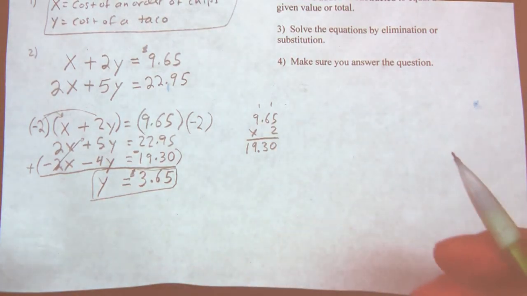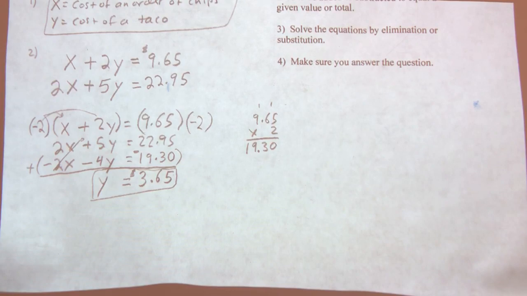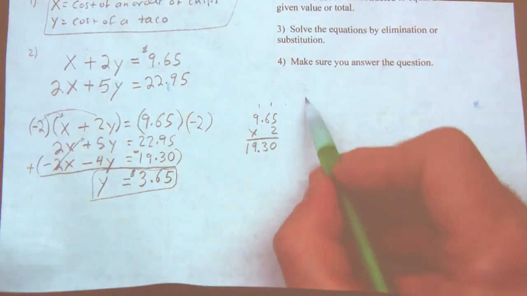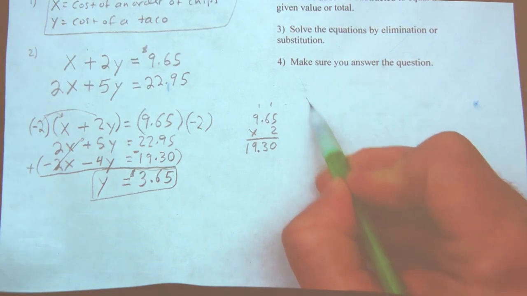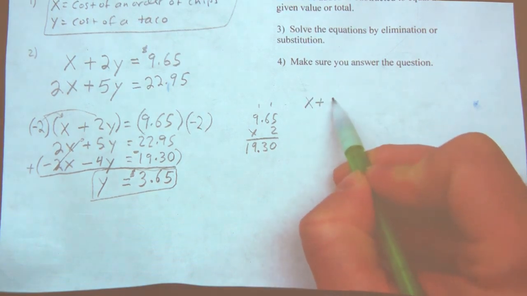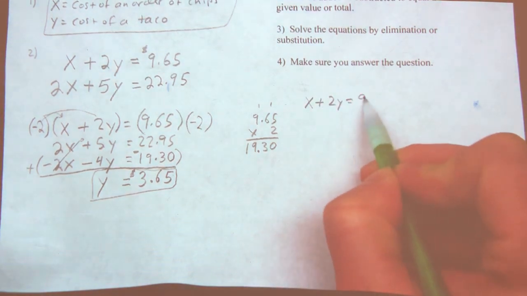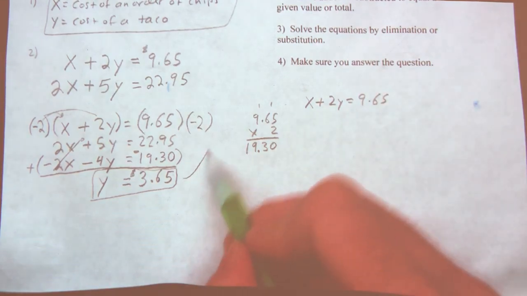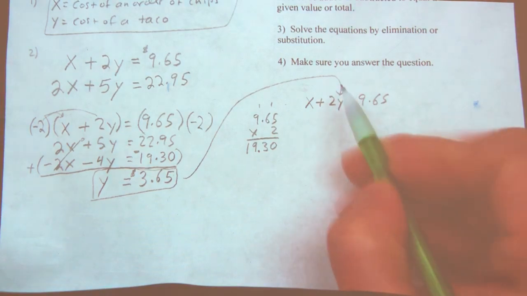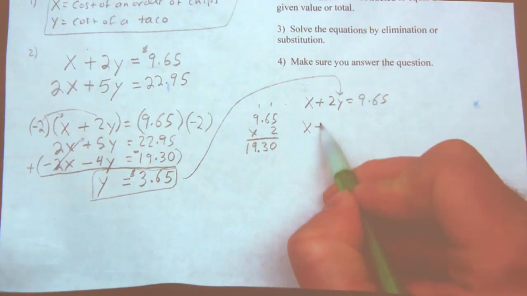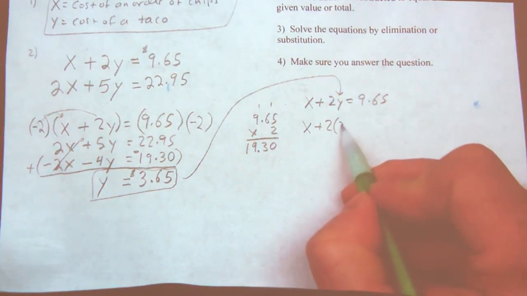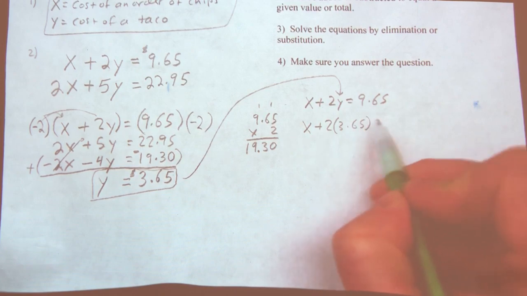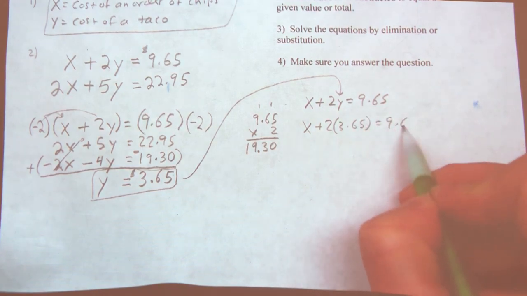Remember, the second half of elimination is always to make a substitution back into one of the equations. So I'm going to do that over here. I'll choose an equation. I'll just choose the first equation, x plus 2y equals $9.65. So this y is coming over here to be substituted. Now I have x plus 2 times $3.65 equals $9.65.